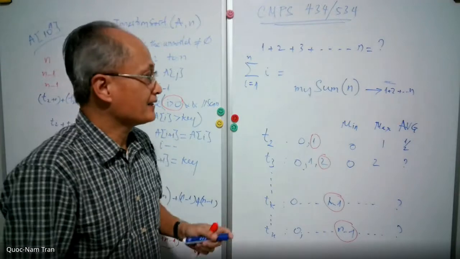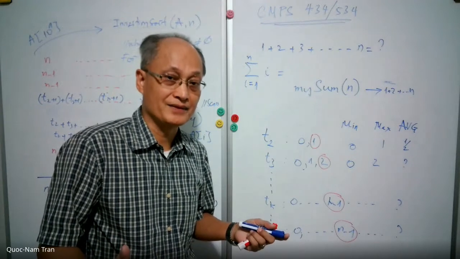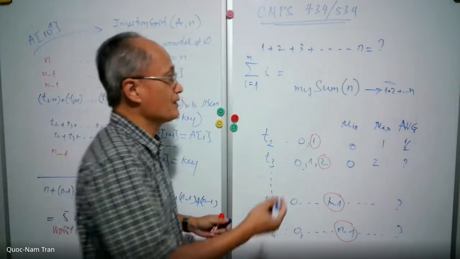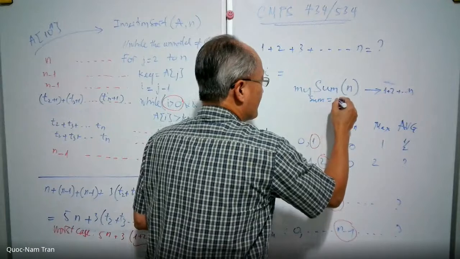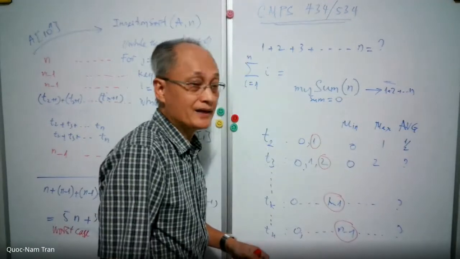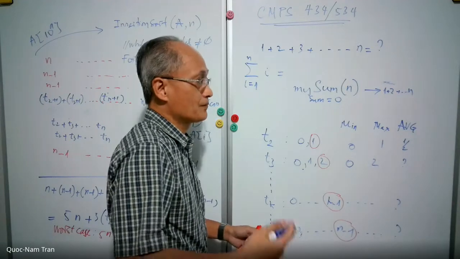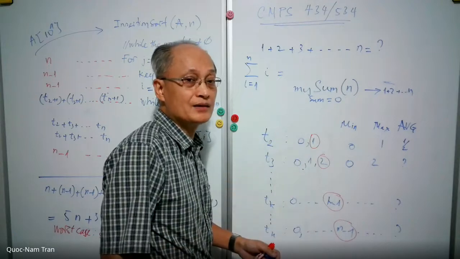You can design a very simple algorithm, right? For example, you have a variable called sum assigned with 0, and then you have the for loop. For i from 1 to n, you just accumulate the value to the sum.